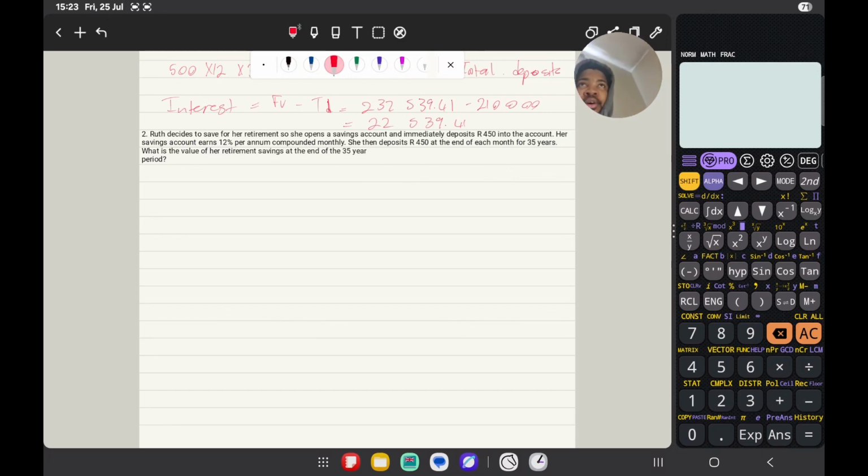So we know for sure that there's a 450 which she deposits immediately. All right, cool. And then later on they say that there's a 450 which she will deposit at the end of each month, right? So we will have to account for that other one, ne? And this is how we're gonna account for it.